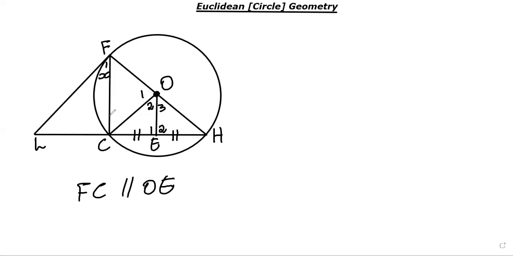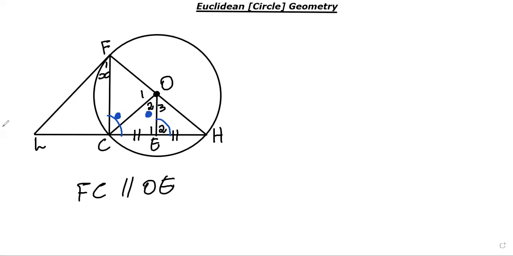In other words, they add up to 180 degrees. So by so saying, I mean, if we can show that this angle and that angle are equal, then we have shown that FC is parallel to OE. Alternatively, if we can show that this angle is equal to that angle, we have shown that the lines are parallel.